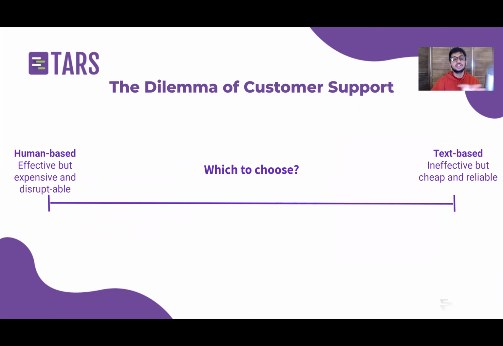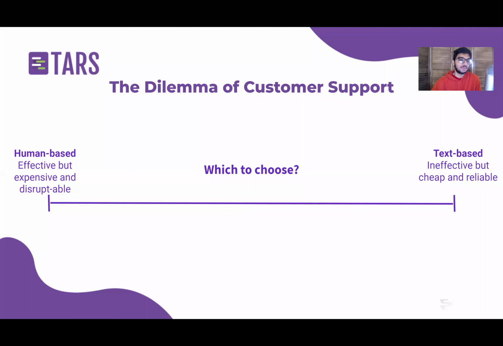But the end result of both of these approaches is that as customer support folks, as business folk, we are asked to choose between two imperfect solutions for resolving customer support queries. We can choose the effective but expensive and disruptible human-based approach on one side, or we can choose the ineffective but cheap and reliable text-based approach on the other side.